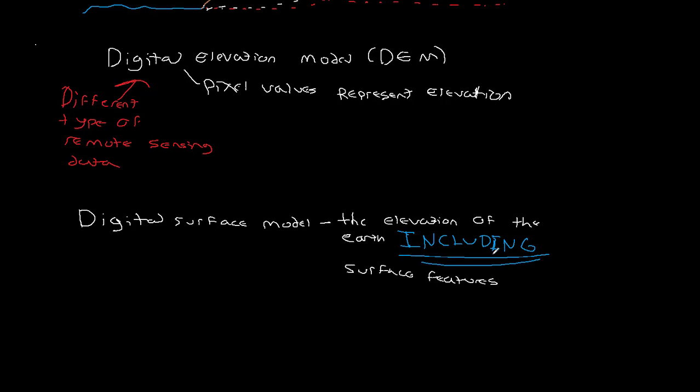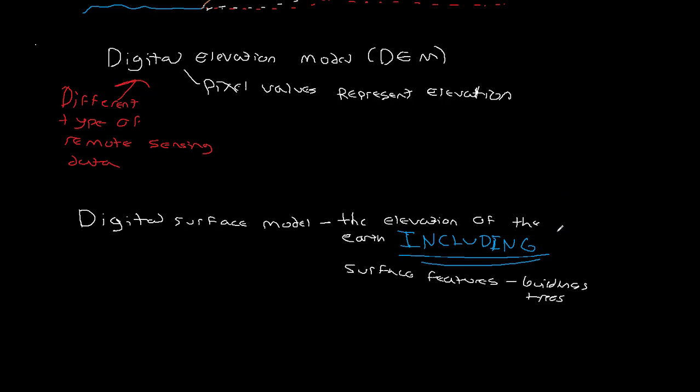So what does this mean? What are surface features? Surface features would be things like buildings and trees. Basically, things that exist above ground. Anything that has a height above ground level would be a surface feature included in the digital surface model.